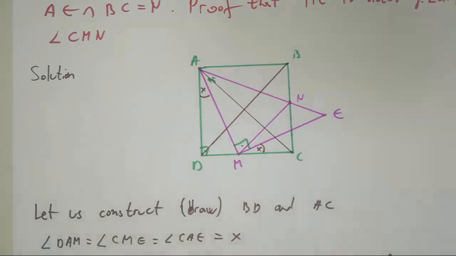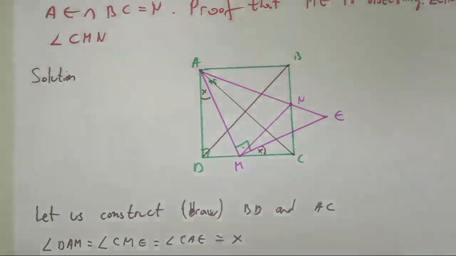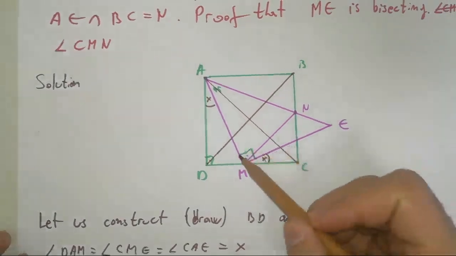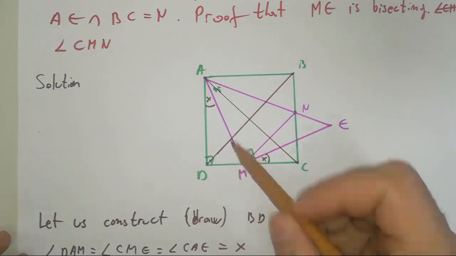Any comments? All right. Here we have a 90-degree angle, so if this is 90 minus x, then this angle here is x.